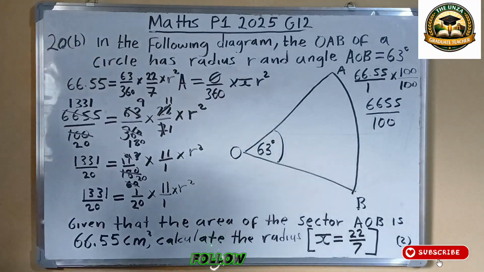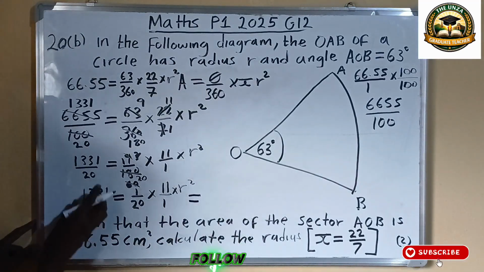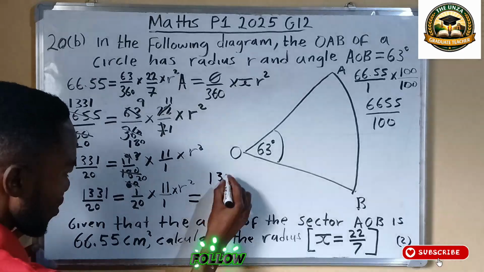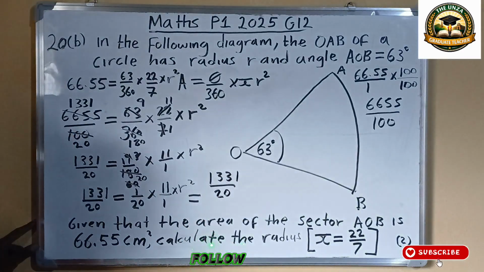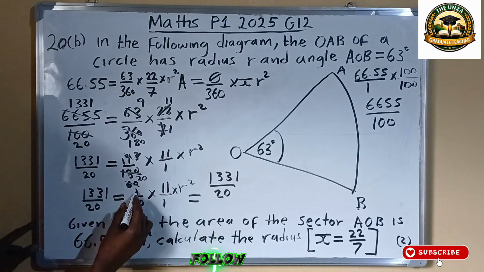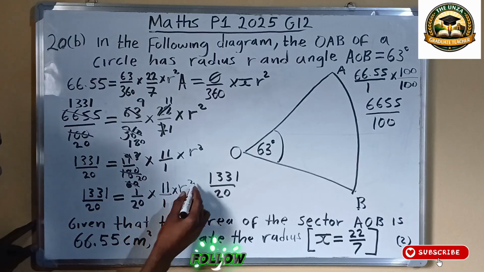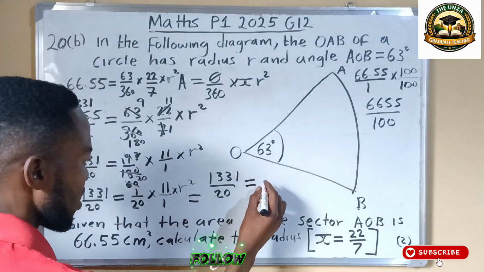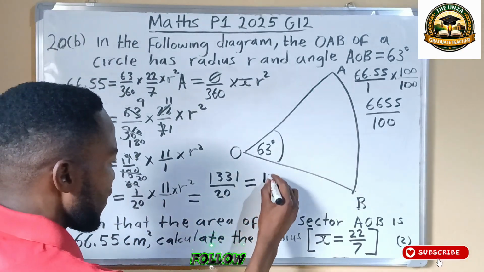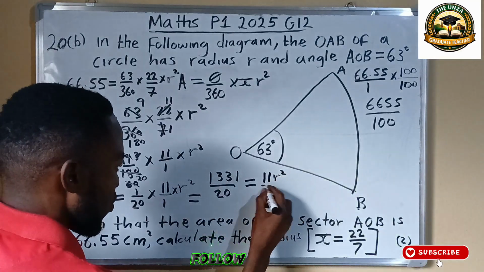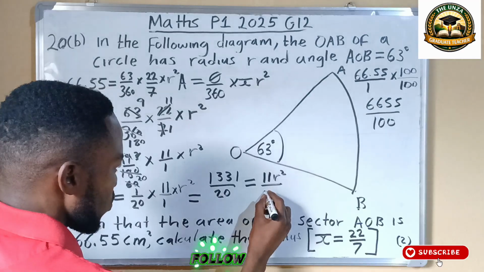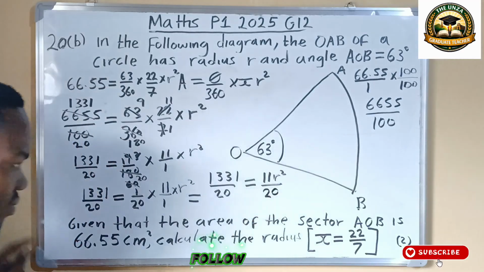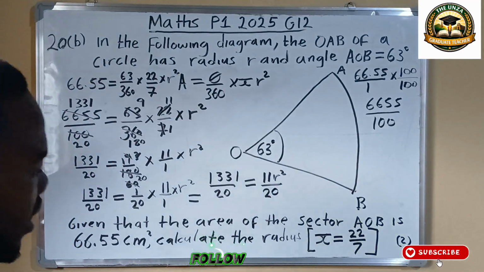So now what you need to do, the way it is like this, you say 1331 over 20, then you say 1 times 11 times r squared, which gives you 11 r squared over 20. So where have you reached now?